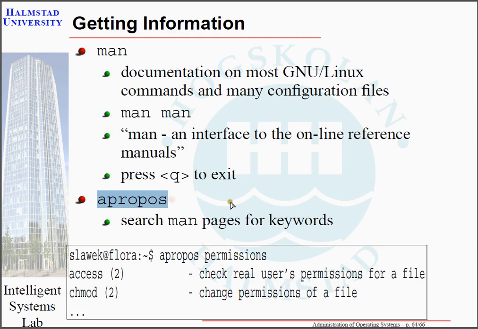There is a command called apropos, which searches man pages for particular keywords. So for man, the argument has to be the actual command. If you don't remember the actual command, you can use apropos and then tell some kind of keyword. It will find you commands that are relevant.